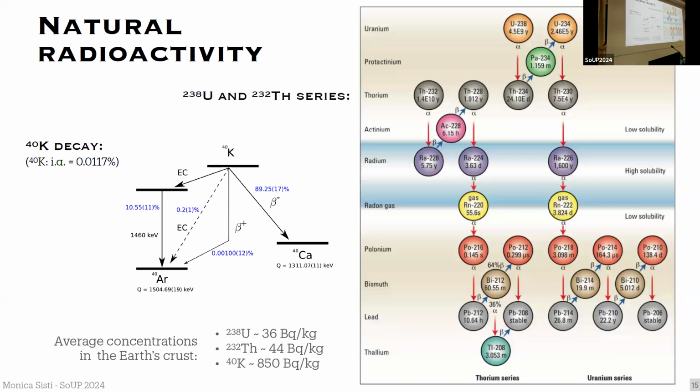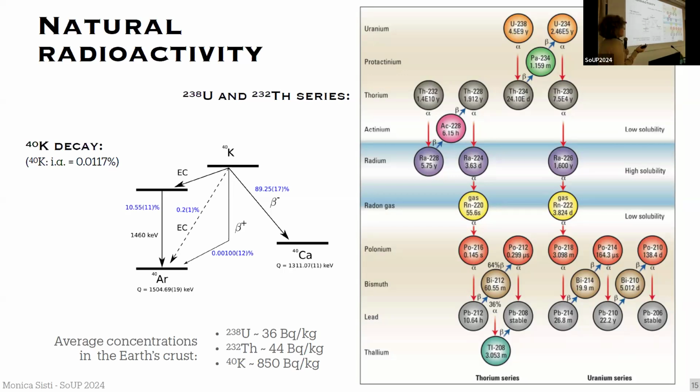And then finally, the natural radioactivity. These are the natural nuclides: uranium, thorium, and potassium. We have said several times that uranium and thorium are the progenitors of two decay chains, with different elements that have different chemical behaviors.